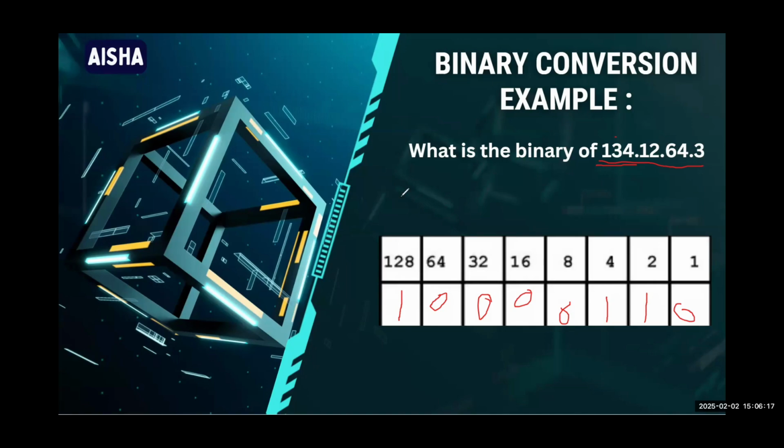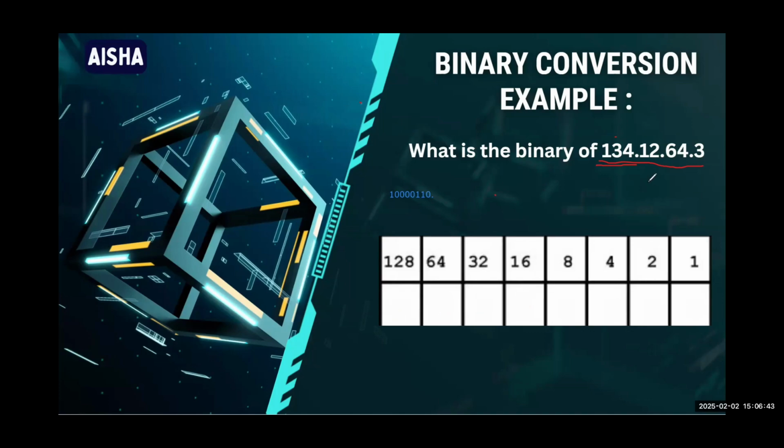So let me write this here: 1 0 0 0 0 1 1 0. That's our first one, right? So we did our first one. Now we have to do the next part of it.